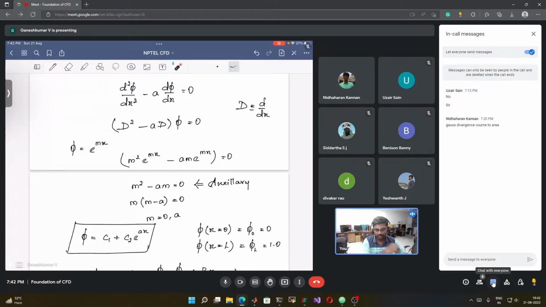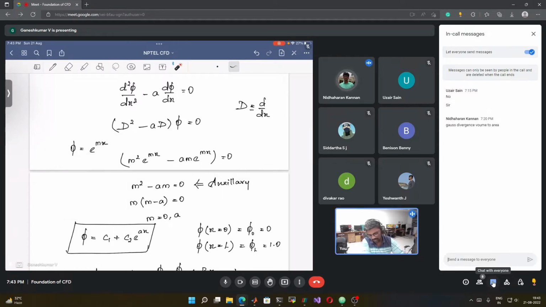Do you remember solving this kind of equation, a second order differential equation? Yeah, we just equate D square minus aD equal to 0 like that. We will get the terms for D like that. So we will replace D in terms of m only. So actually it is a shortcut, people just skip it.